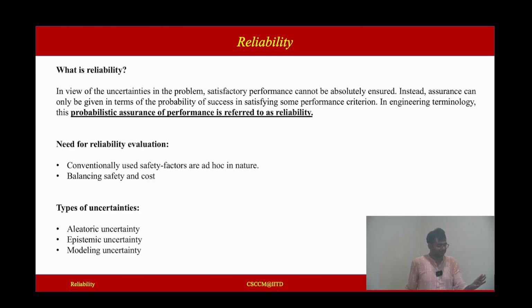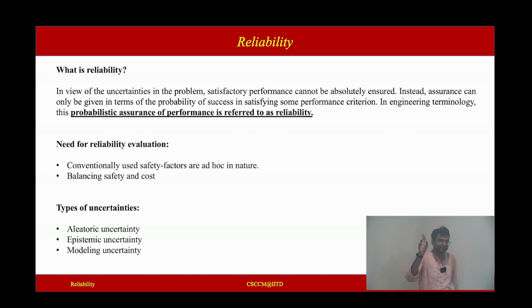We assume that the material is isotropic and homogeneous, and then we come up with theories like Euler-Bernoulli beam theory. But is that assumption even true in the real world? It might be up to a certain limit, but if it is not, that is an uncertainty you are introducing. And that uncertainty you can reduce by not making those wrong assumptions. That is the second type of uncertainty.